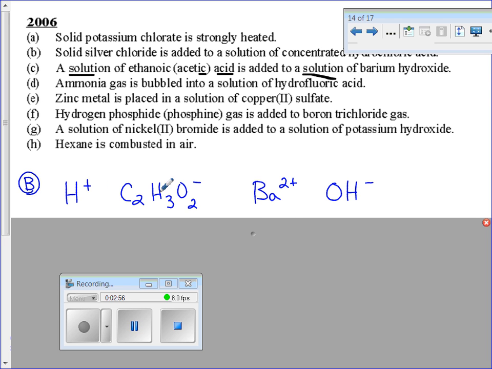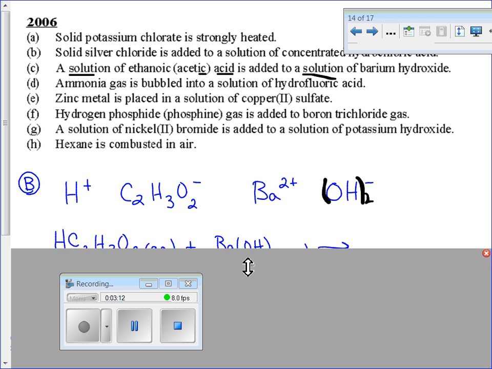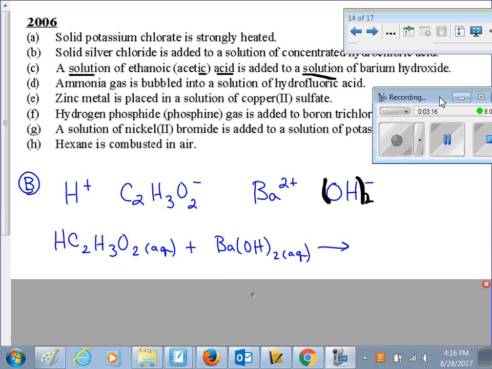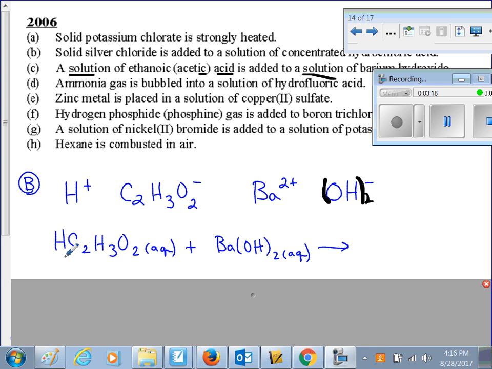These charges will cancel, and I will need 2 of these hydroxide ions, but I need to put them in parentheses in order to balance out the +2 of the barium. So what you should get is acetic acid, aqueous, and barium hydroxide, also aqueous.